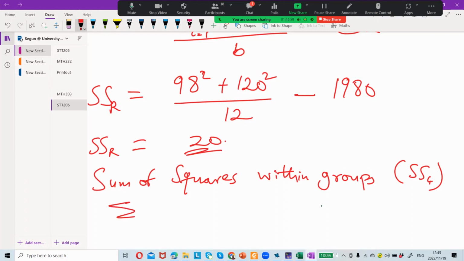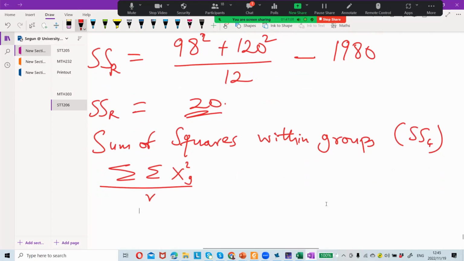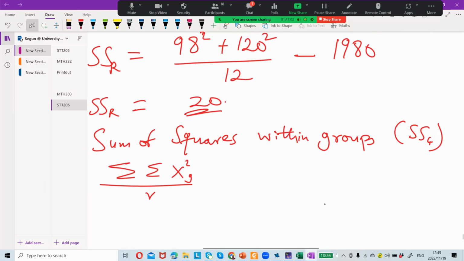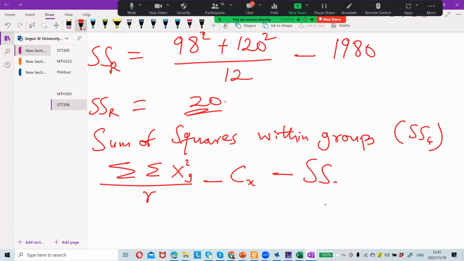So it would now be the summation of S squared G divided by R, minus the correction term, then minus SSC minus SSR.